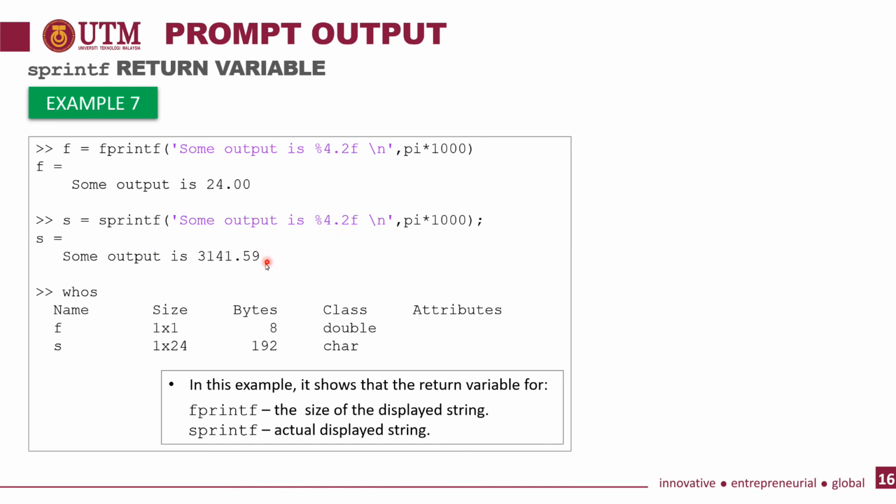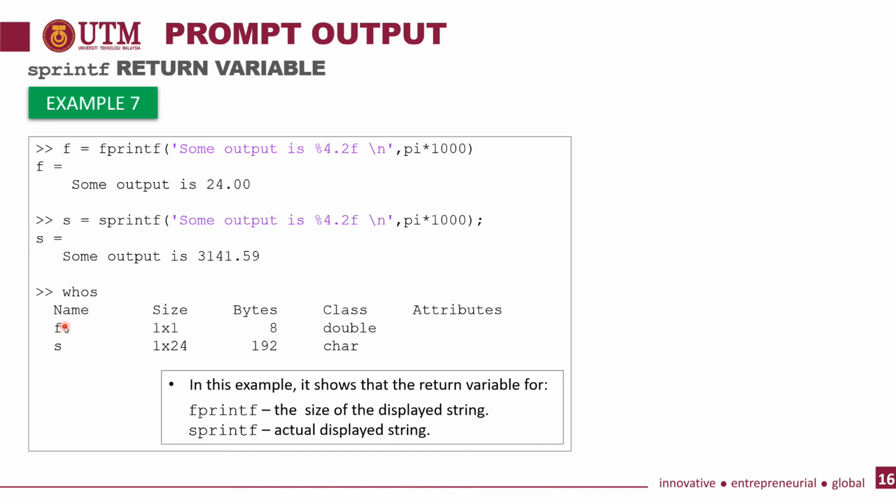It will display similar output, but because the number is random, it shows a different number. Then when we type whos, we can see what types of value have been written by Fprintf and also Sprintf.